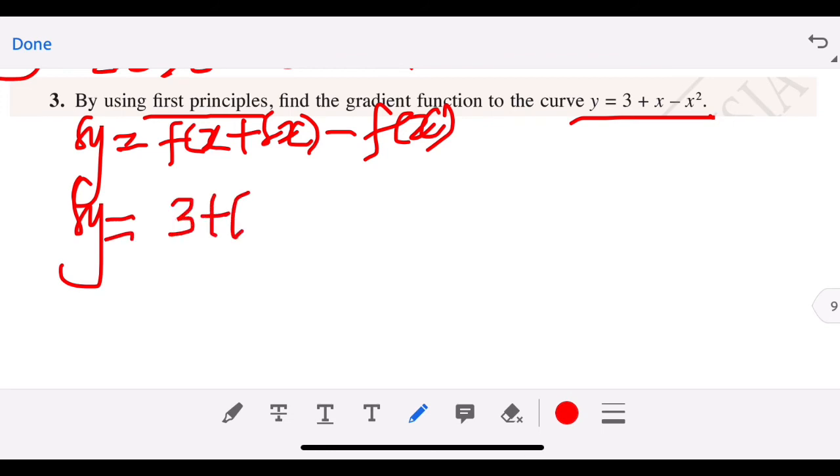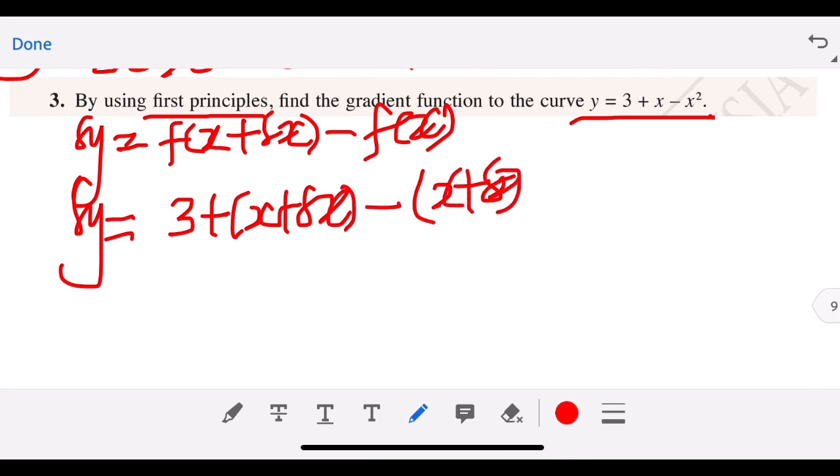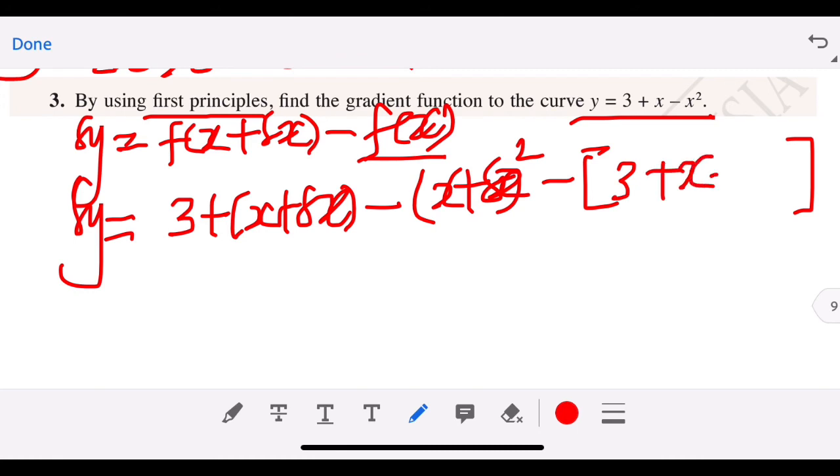3x plus delta x minus x plus delta x square. Okay, and we have to minus f(x). Make sure you put bracket for 3 plus x minus x square. Okay, now let's do it carefully for the expansion.